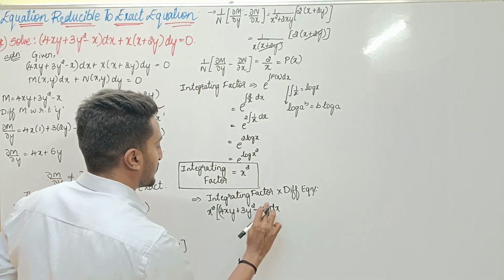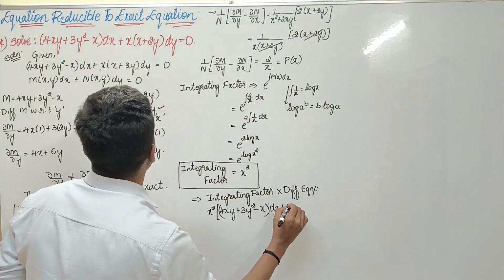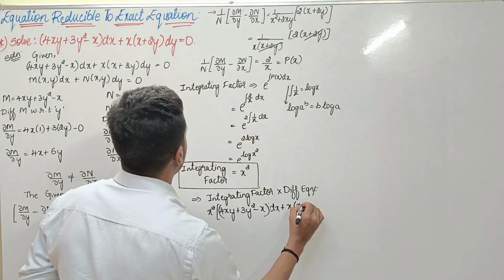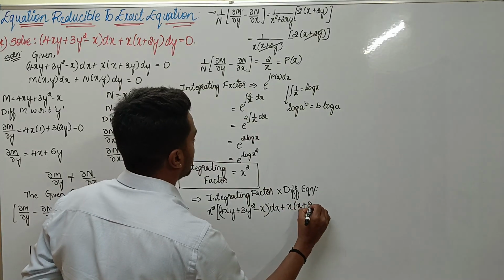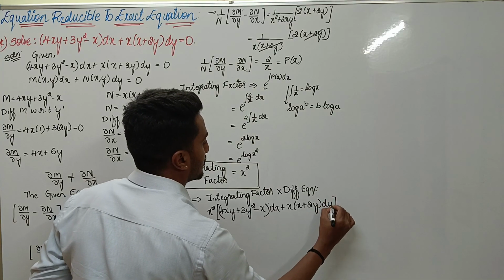Okay, let us use the common brackets. Plus x into x plus 2y into dy equal to 0.